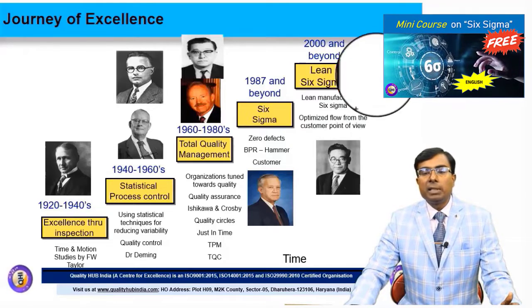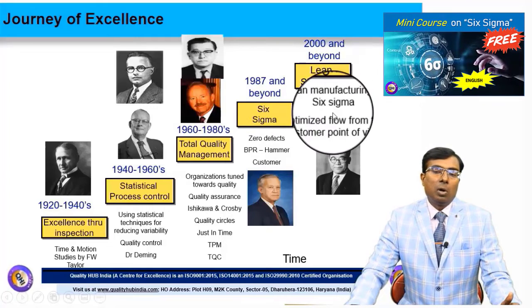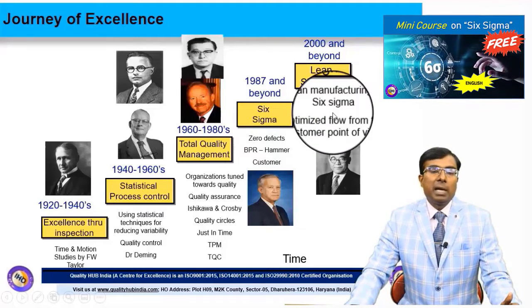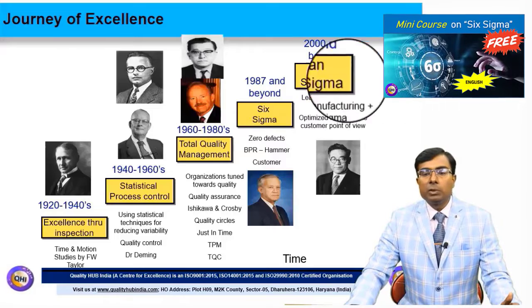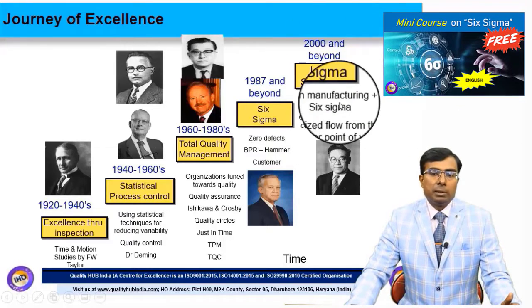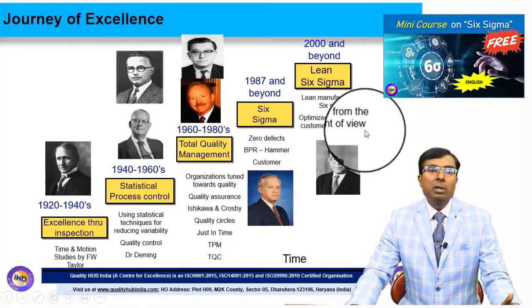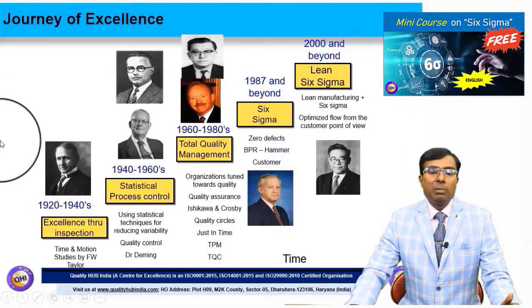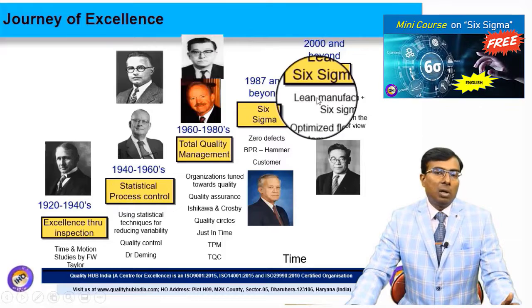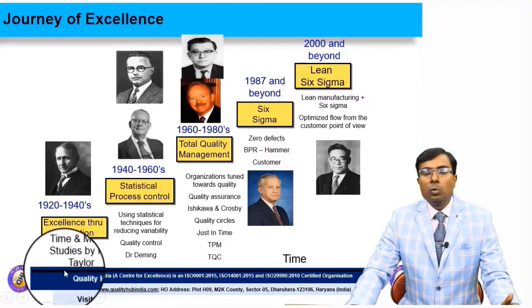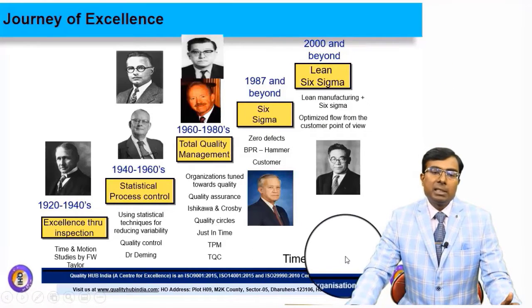So Lean Six Sigma works on both reduction of variation and waste elimination, so it has the power of both. Optimized flow from the customer point of view is also a focus point for lean. A lot of prominent figures have contributed a lot, and this is how, over a period of time, the industry has evolved.